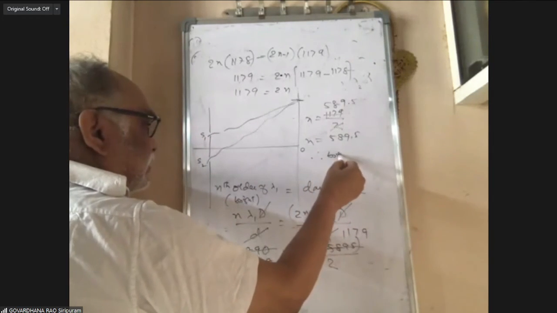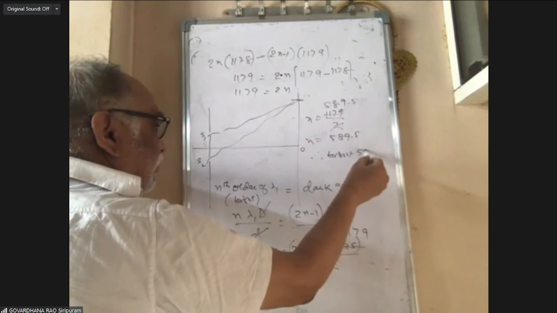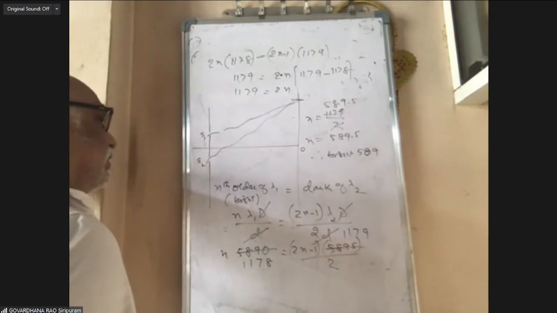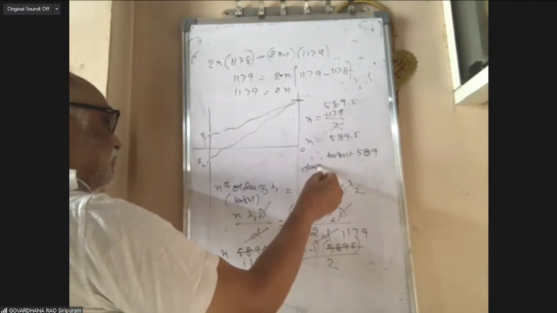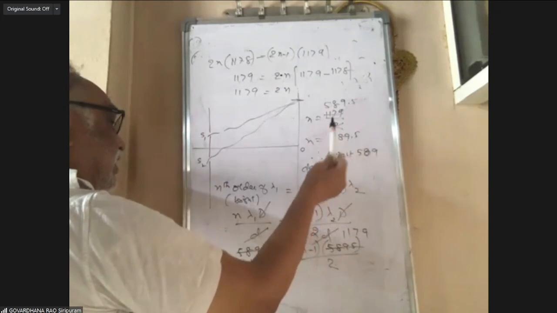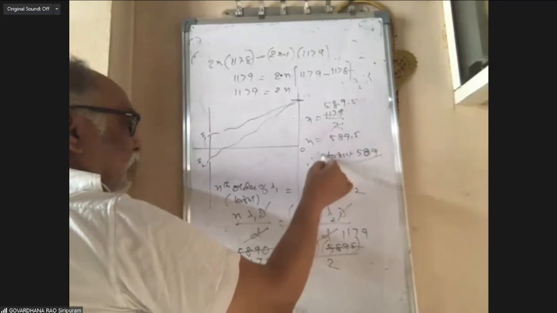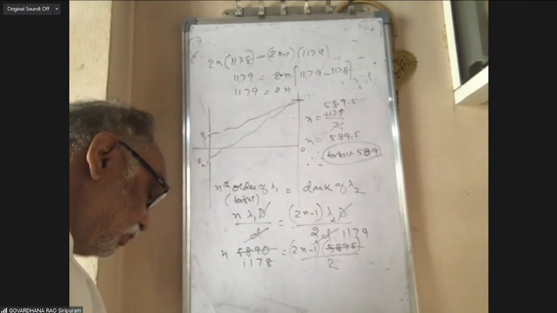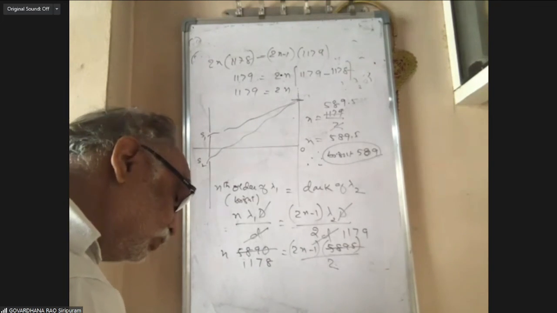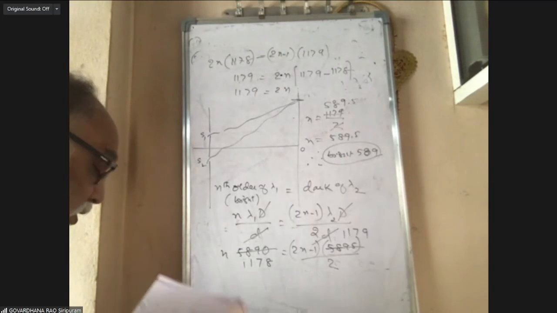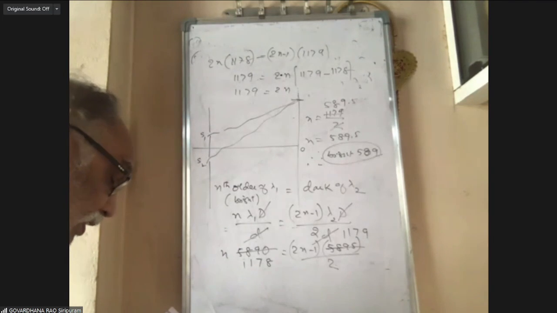Therefore bright is 589 and dark is 590. Up to what bright fringe was asked? 589, the first option. Yes, sir.